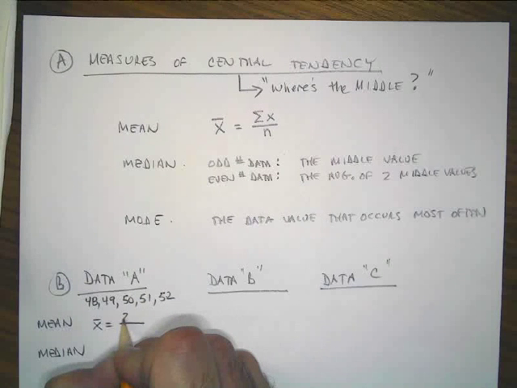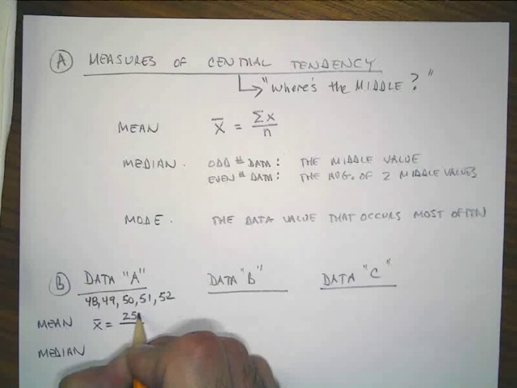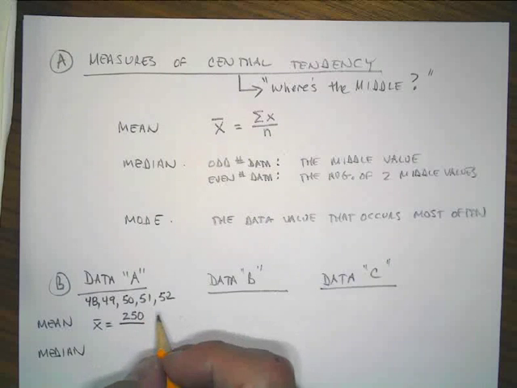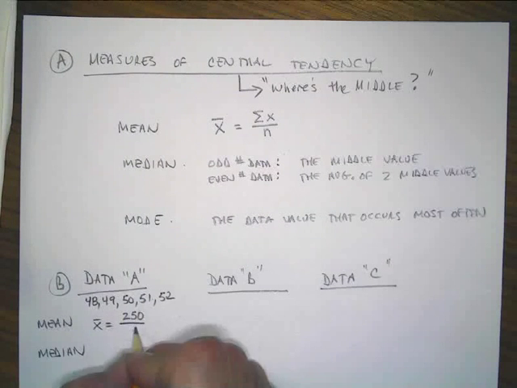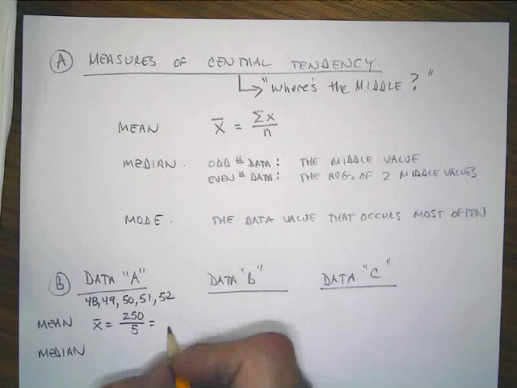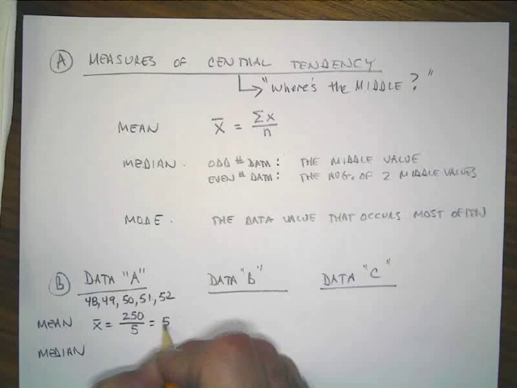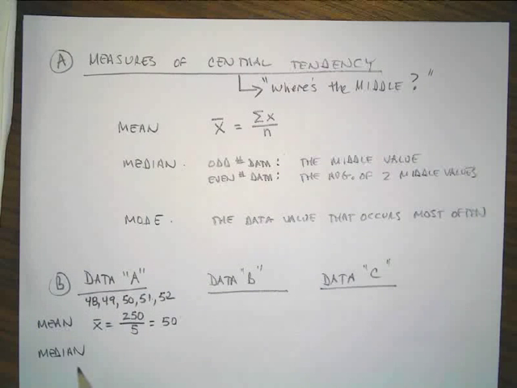And if you do that, they sum to 250, and then we divide by the number of data points, 1, 2, 3, 4, 5. And you calculate, and the mean is 50. To find the median, we line up the data from small to large and find the middle value, and we find that it's 50.